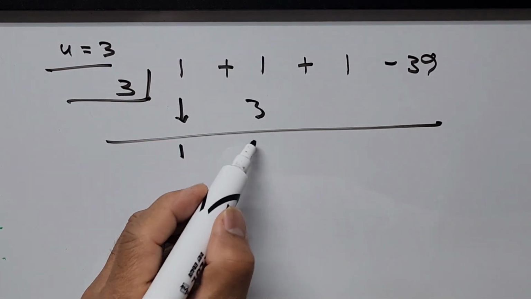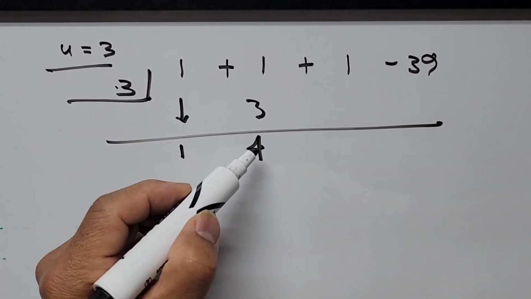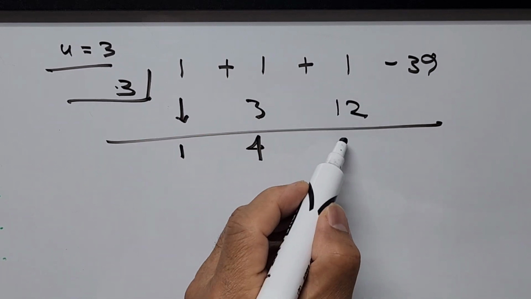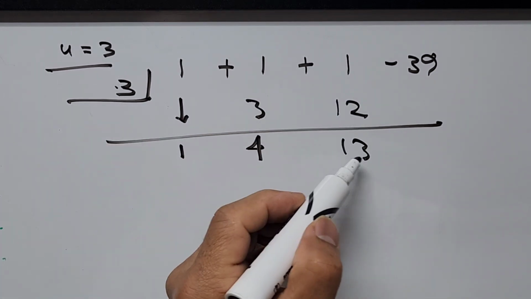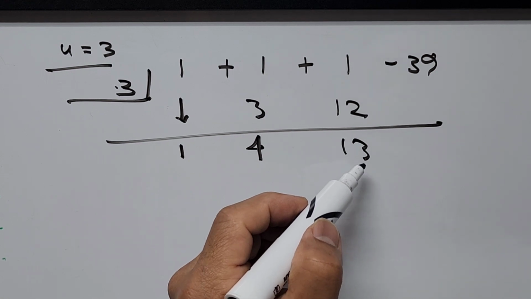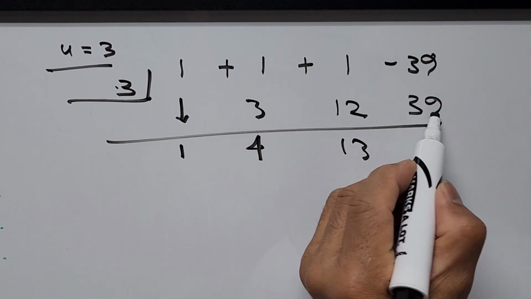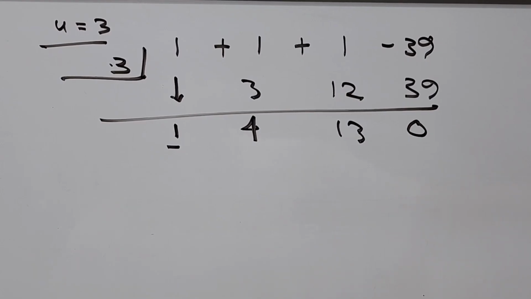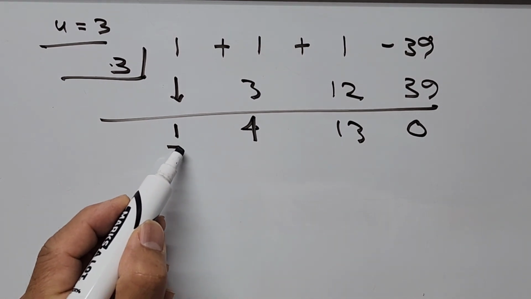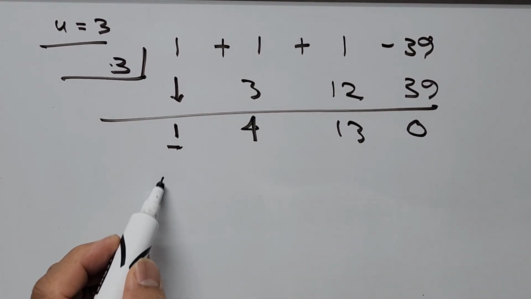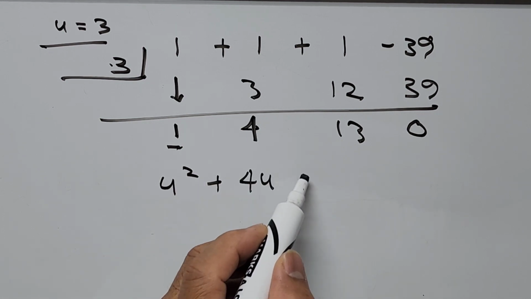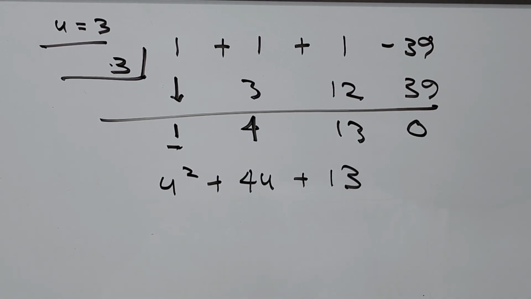Then add 1, so that becomes 4. 3 times 4 is 12. Add 1, so that becomes 13. 3 times 13 is 39. Add this, and it becomes 0. Now we have come out with the other factor: the coefficients on the left give u squared plus 4u plus 13.